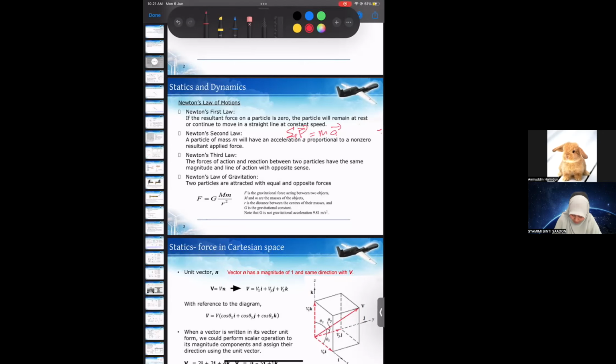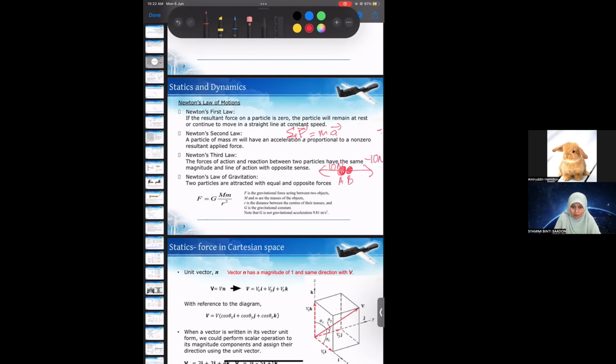For example, if we have two particles A and B, and there is a force reacting on A in this direction with magnitude 10 Newton, there exists another force reacting in the opposite direction, for example negative 10 Newton.